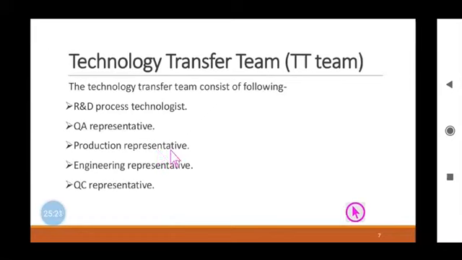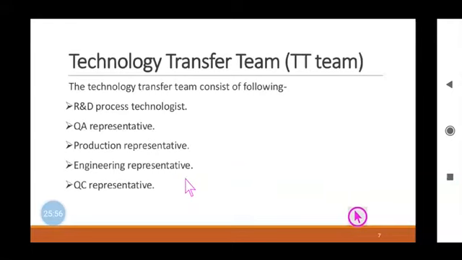Then the production representative must be there, because the small sized formula is supposed to be transformed to a large scale formula. Obviously, the person having the production skill, or experience in the production area, should be a part of that team in the technology transfer.